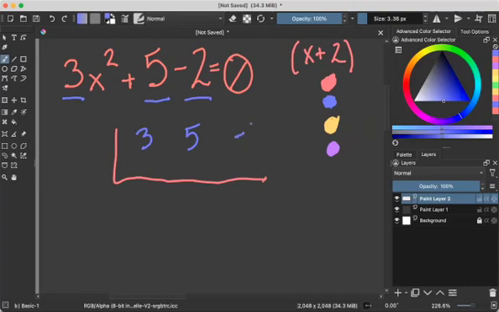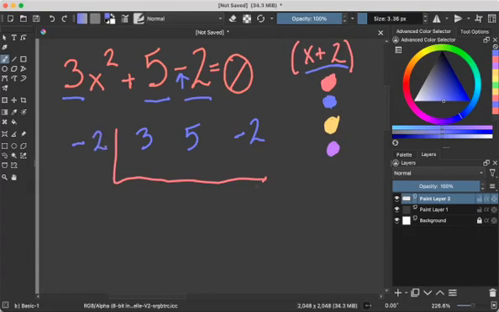Make sure you don't forget the negatives, such as this one, as it will cause you to make mistakes during synthetic division. Our divisor here is x plus 2. Since we are dividing, we all know that the positive 2 will turn to a negative.